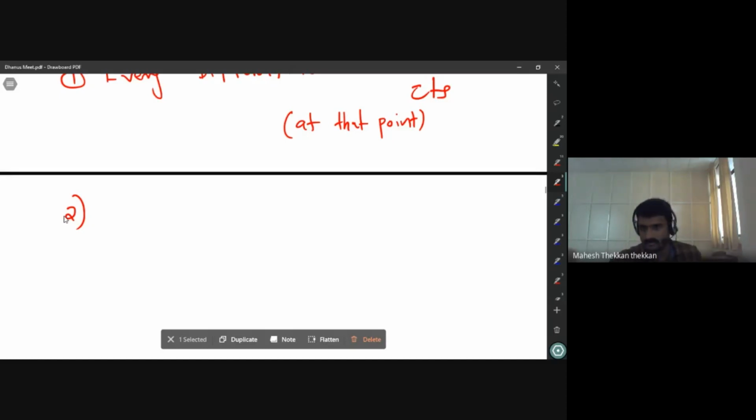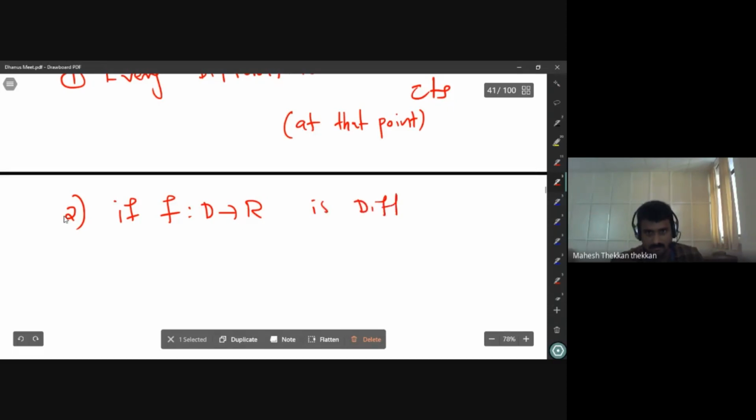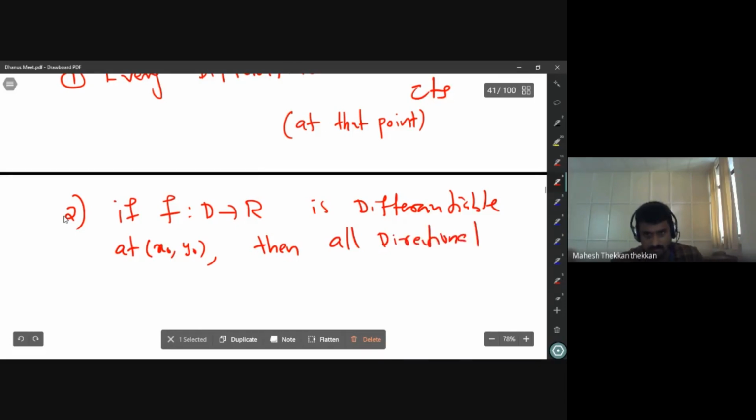Suppose f from D to R is differentiable at x naught, y naught. Then all directional derivatives will exist at x naught, y naught.